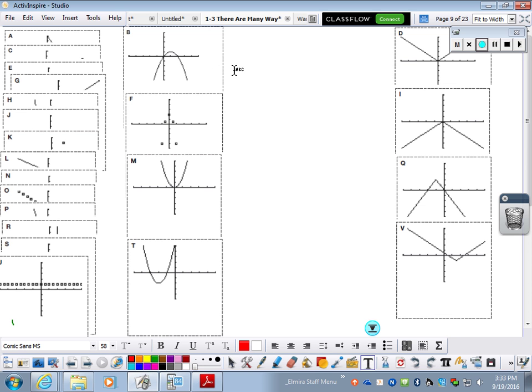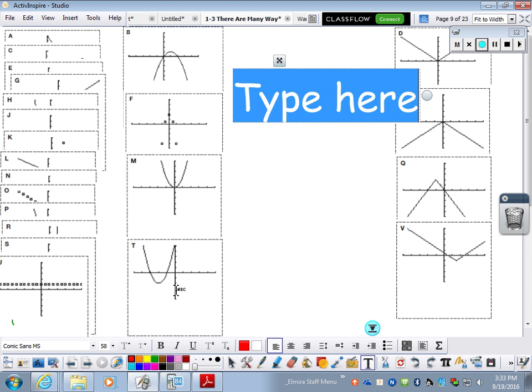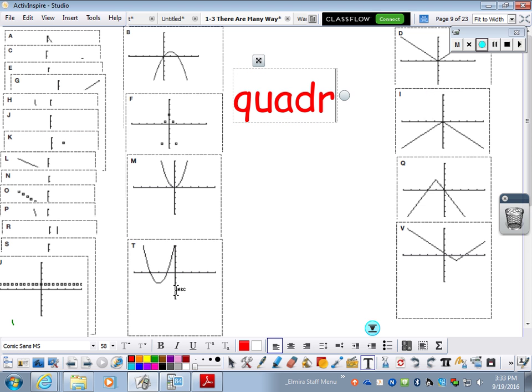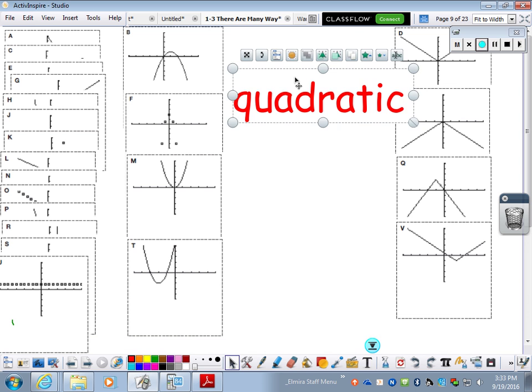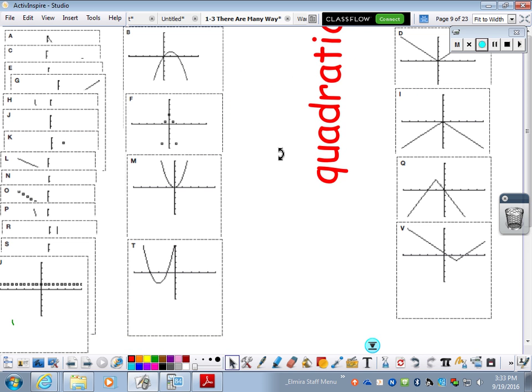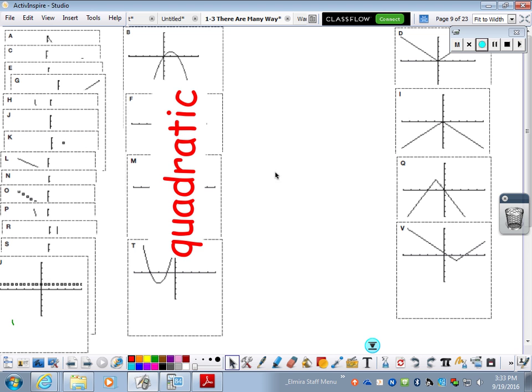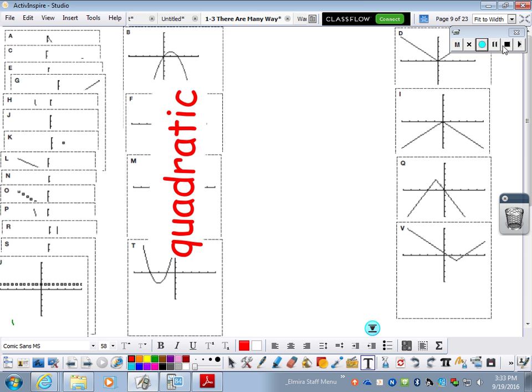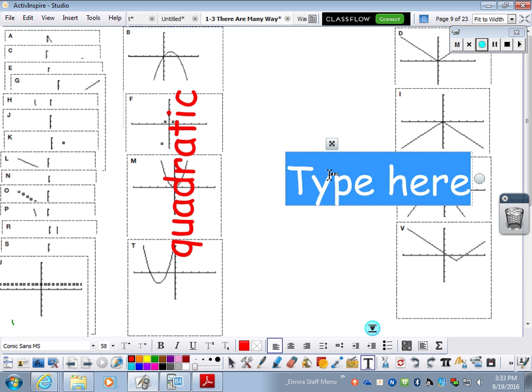These U-shaped ones are called quadratics. And these guys over here are absolute value graphs.